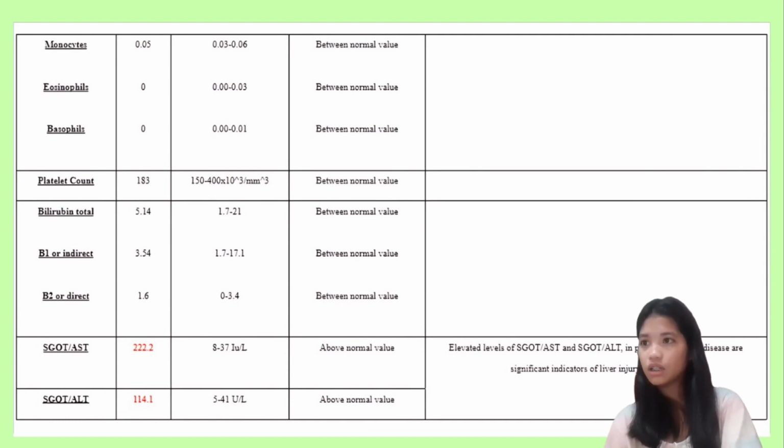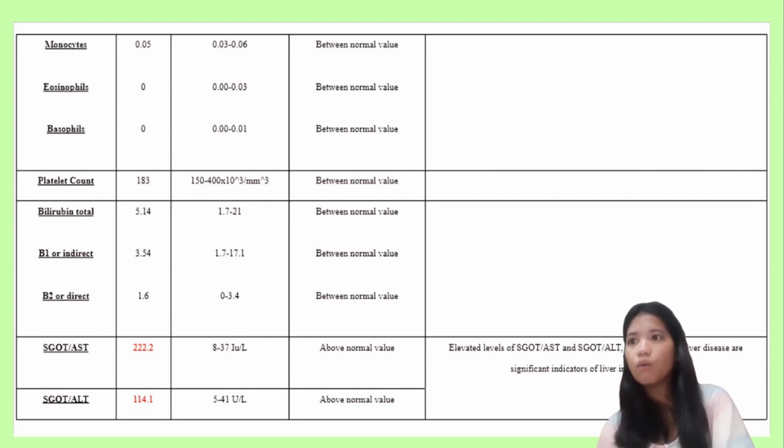Next is the SGOT-ALT, or the serum glutamate oxaloacetate transaminase. The patient's result is 114.1 and the normal value is 5 to 41.